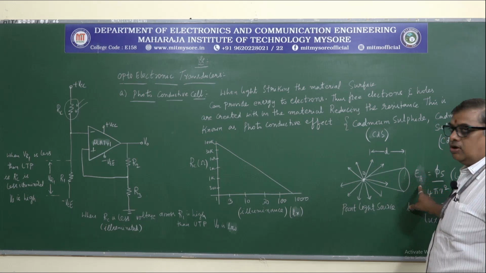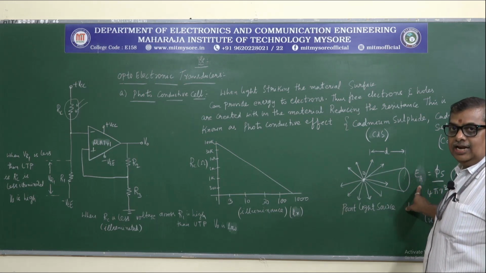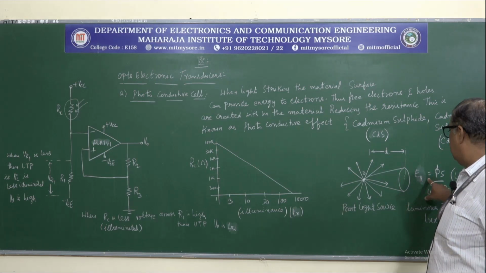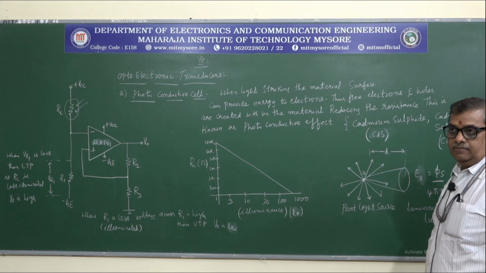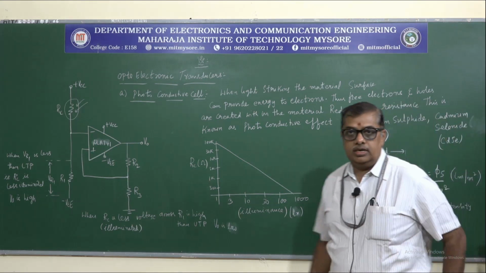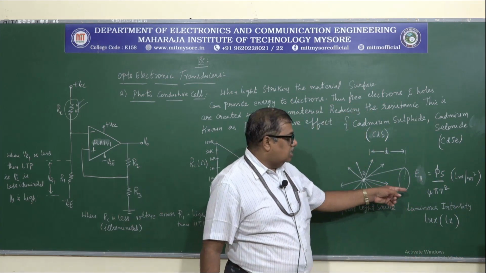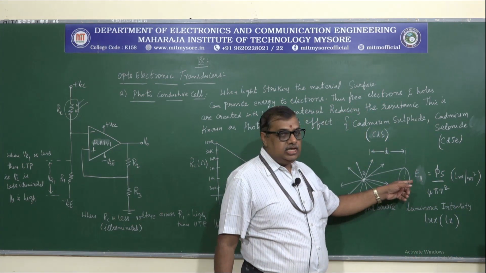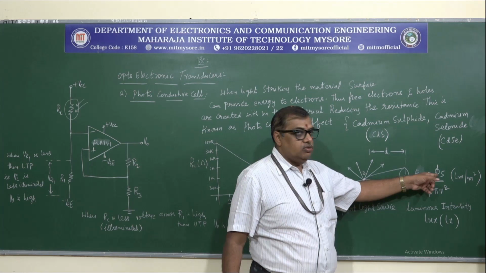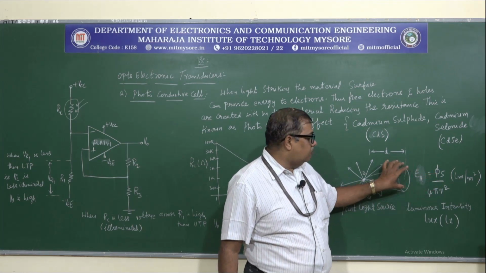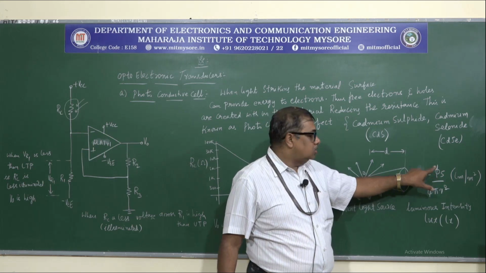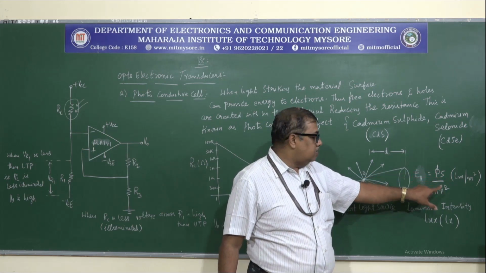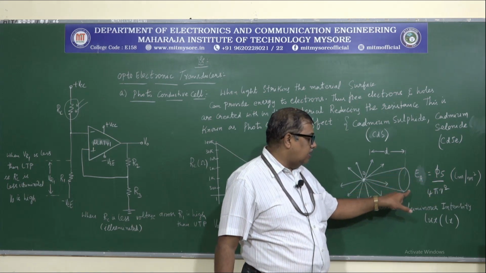E, which we call the illumination intensity, is equal to phi S divided by 4 pi r square. Okay. So this is the typical formula. What is this phi? It is the flux, measured in lumens, divided by the surface area.